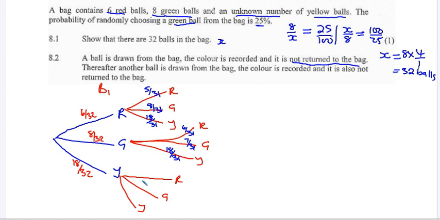And then for this one, we picked a yellow one and we are left with 6 red balls. So this is 6 over 31. And then we picked a yellow, we are left with 8 green balls. So this is 8 over 31.